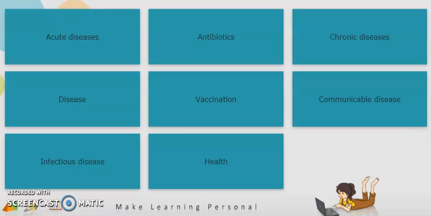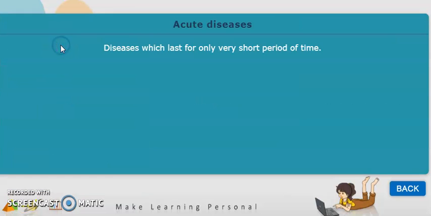The first term we are going to take today is acute diseases. Children, you know that there are certain types of diseases depending upon a number of factors. Acute diseases are those that last for a very short period of time.